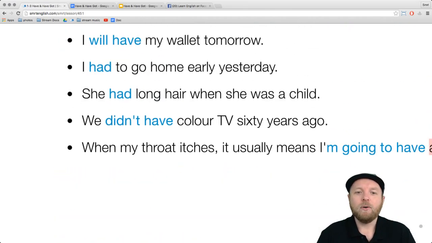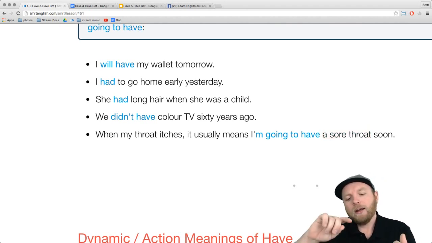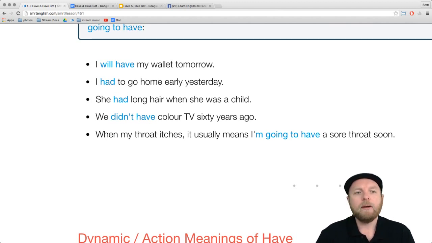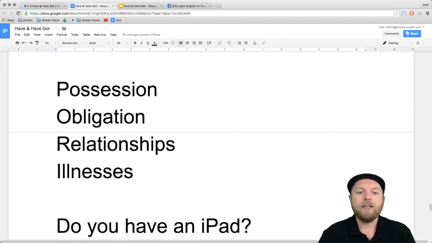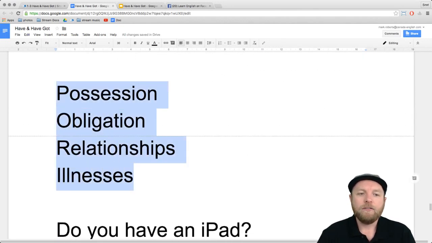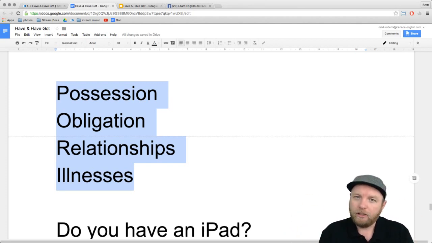Okay, so we're almost ready for exercises. We've talked about have as an auxiliary verb. We've talked about have got. We said that, remember, if you want to say just have, not have got, don't use continuous.